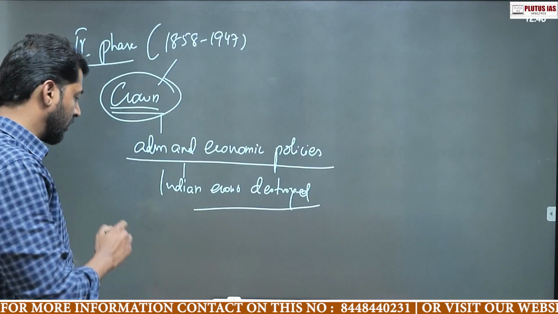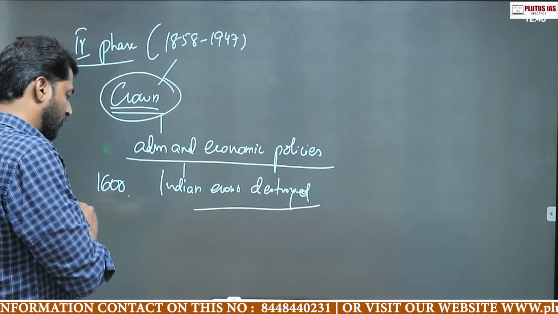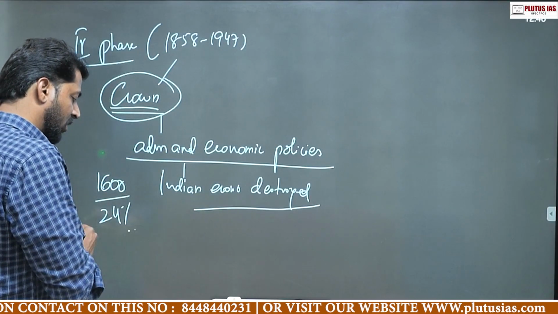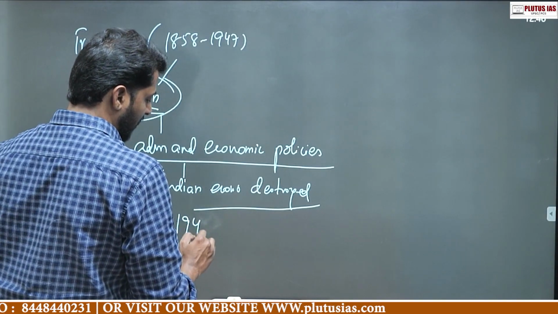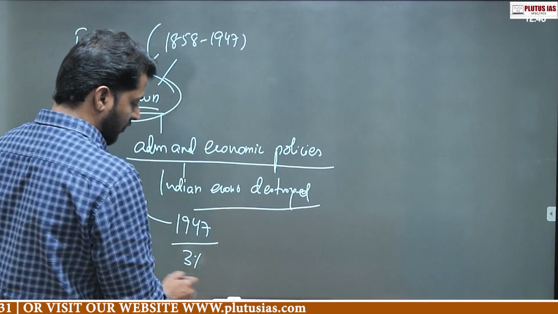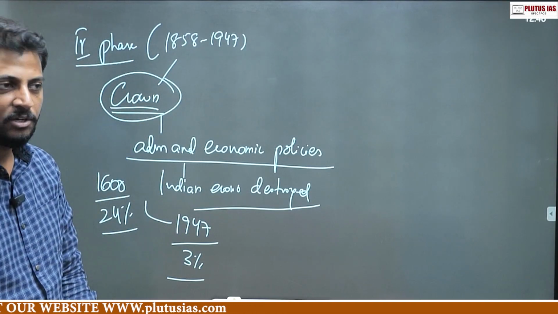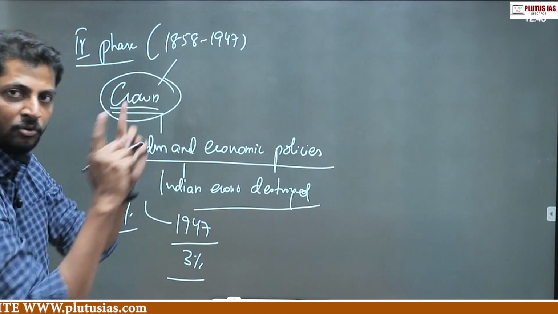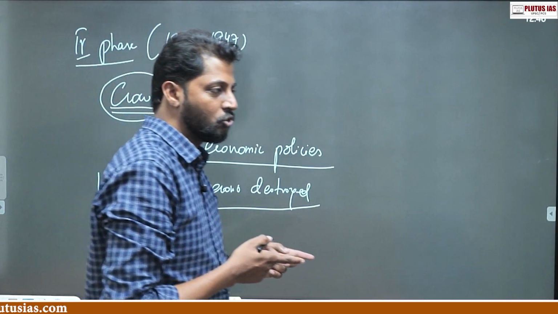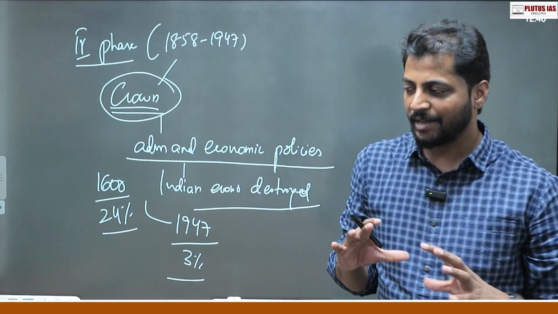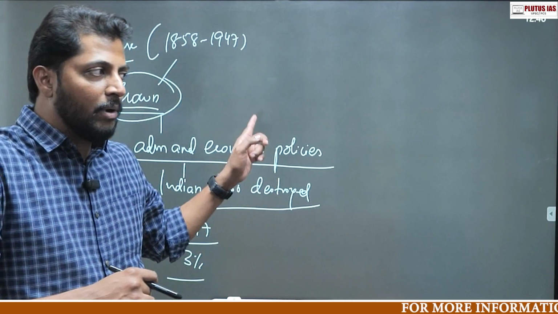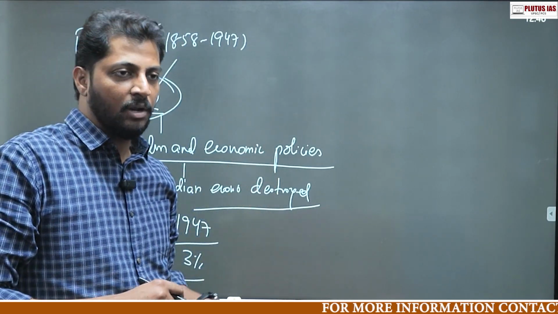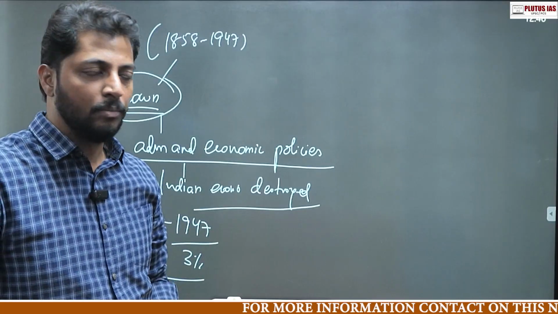Once upon a time, before 1600, India's share in the world trade was 24%. By the time of 1947, it had dropped to less than 3%. So you can see the difference, from 24% it dropped to 3%. That was the extent to which the Indian economy was destroyed by the English East India Company and later the British rule.